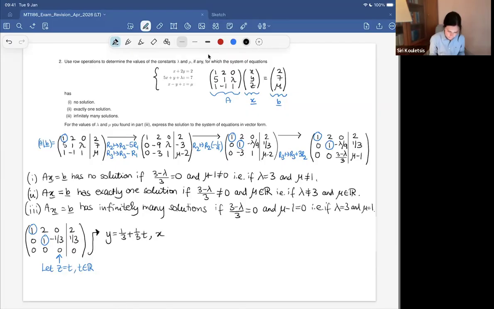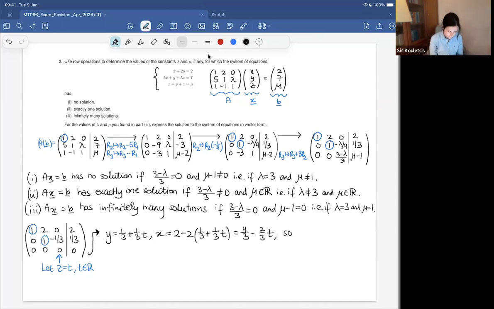Looking at the first equation, it tells us that x plus 2y equals 2. So x equals 2 minus 2y, but we then express y in that form, a third plus a third t. And pulling that together, we get 4 over 3 minus 2 over 3 t.